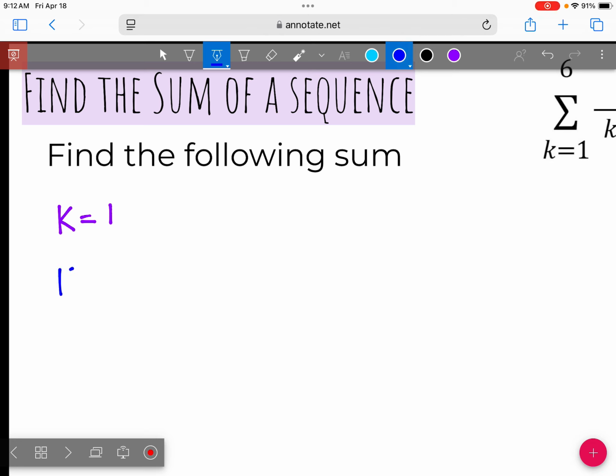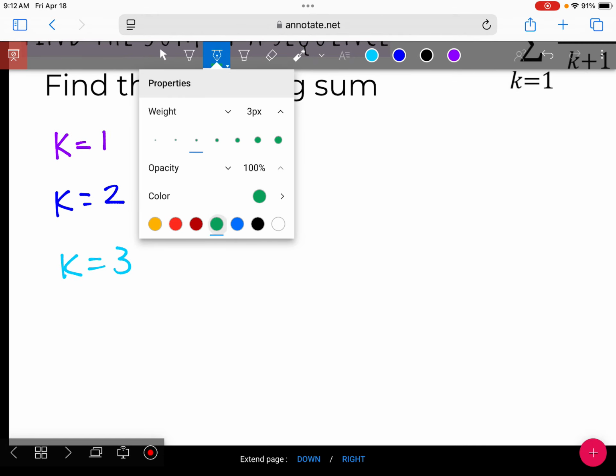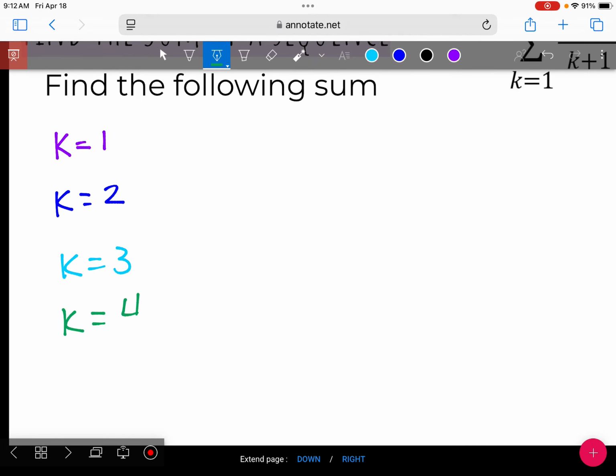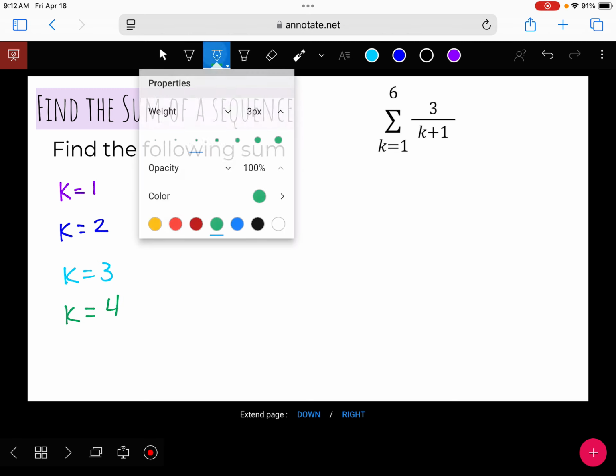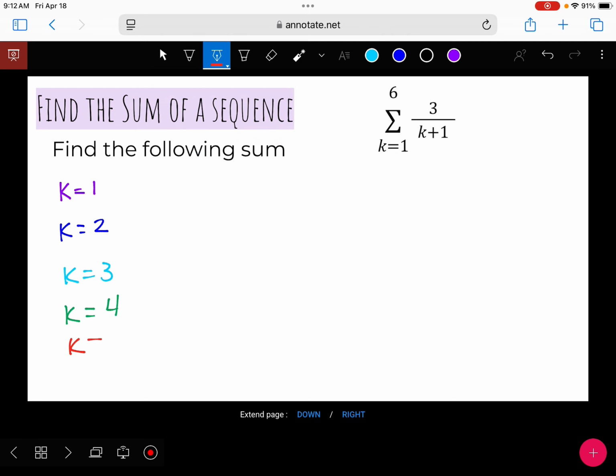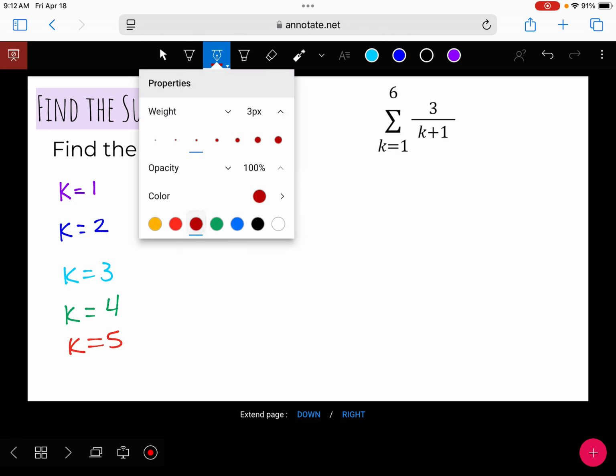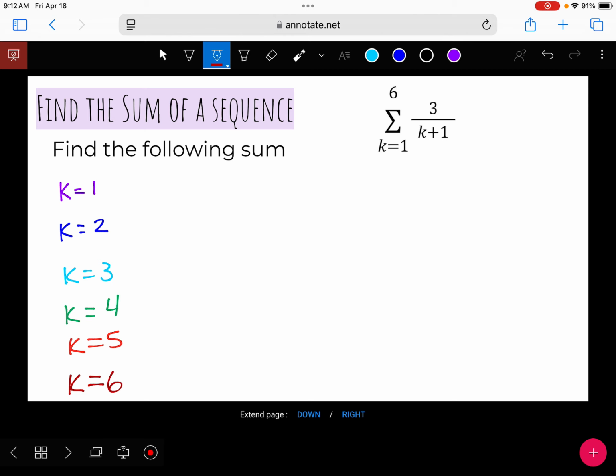We're going to do our k equals 2, k equals 3, k equals 4, k equals 6. So those are all the pieces we need.